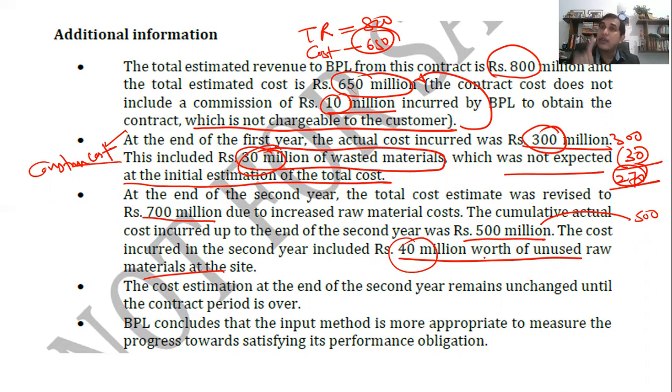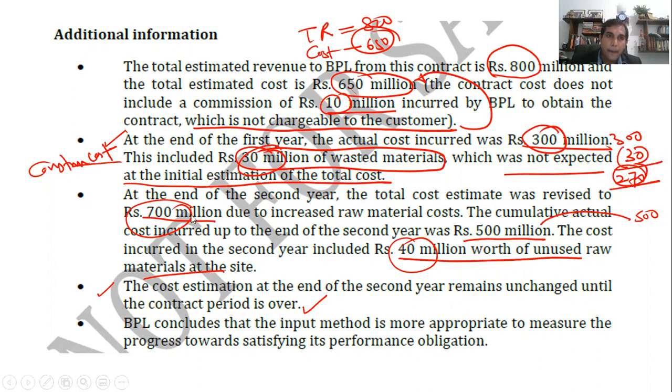You need to take that into consideration when it comes to identifying the satisfaction of the performance obligations, right? Third one: the cost estimation at the end of the second year remains unchanged until the construction period is over. Meaning, 700 is the estimation.